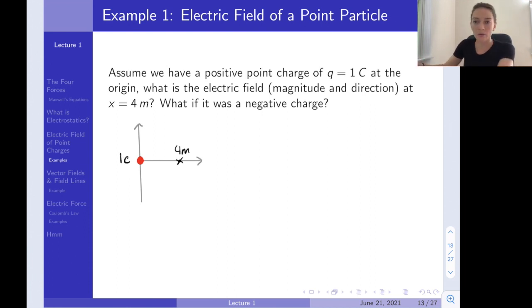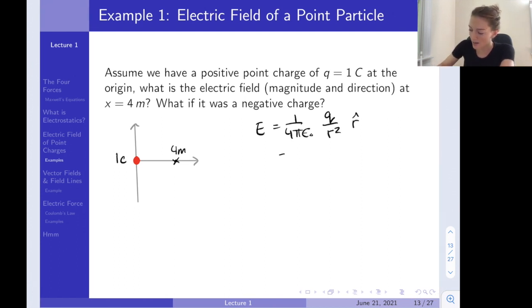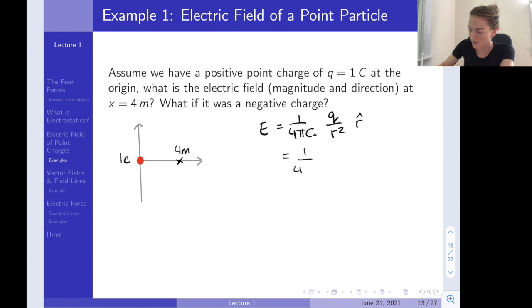Okay, so our equation for the electric field, we said, was 1 over 4 pi epsilon naught, q over r squared, r hat. So our constants are going to stay exactly the same, right? We can just rewrite 1 over 4 pi epsilon naught. Q, we said, is 1 Coulomb, so we can just plug in 1 here for Q. It's positive.